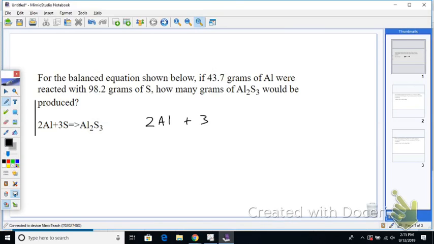Then I'll write the mass of each one above it. So I'll write sulfur 98.2 grams up here. And then for the aluminum above it, I'll write its weight, and it's 43.7 grams.